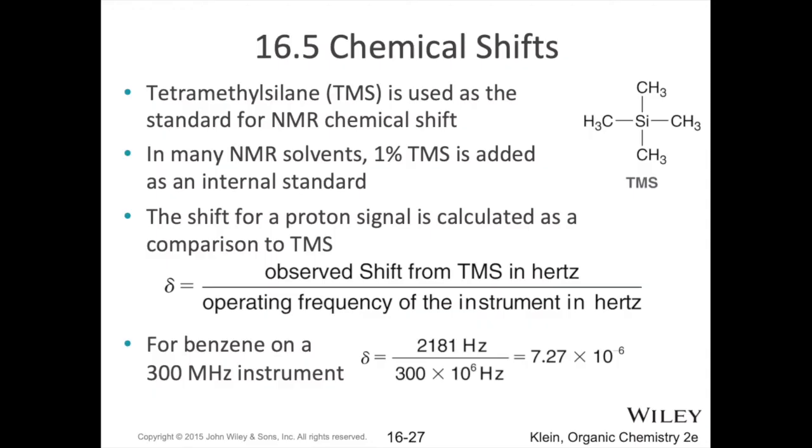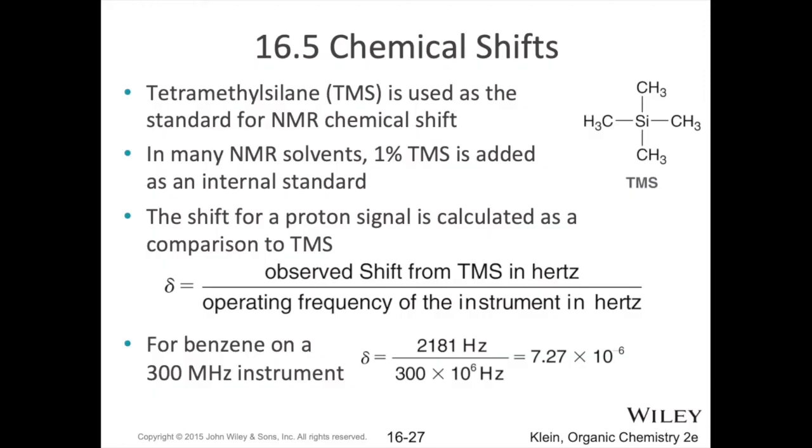When you're analyzing your data, when you're given your NMR spectrum, one of the first things you do is look for this strong signal and set that as 0 on your spectrum. All other peaks, all other signals that you get from your sample are shown in relationship to this peak. Okay, so now we could just give these values, this shift from the TMS peak, in hertz, but there's a problem here.